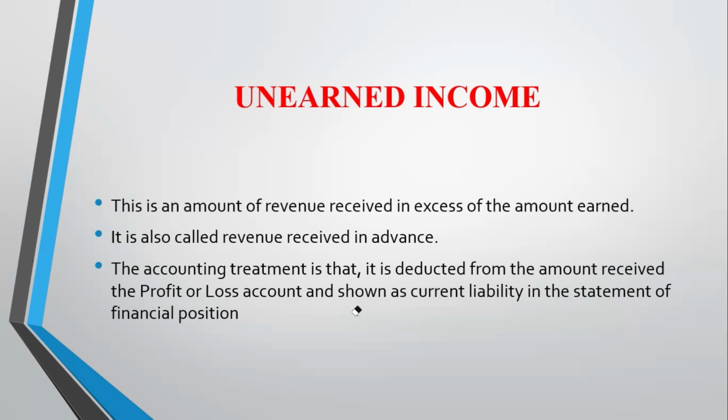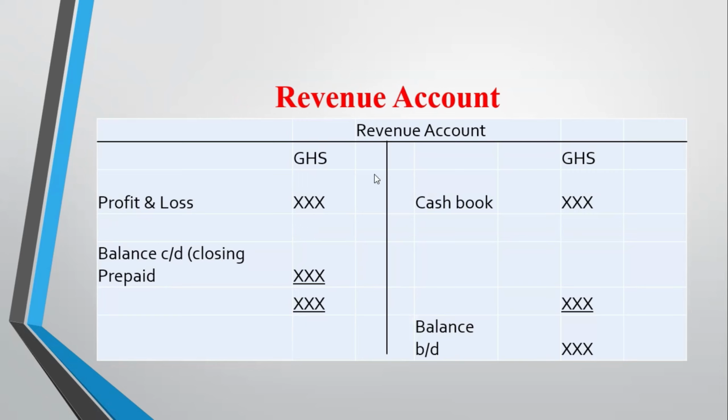So let's look at how the unearned income will look. That is the revenue account. The revenue account will always be given. That is why you are seeing the cash book here. If it is discount received, we are going to debit our cash book and credit our revenue account, say discount received, because we are going to receive whether in cash or in cheque.